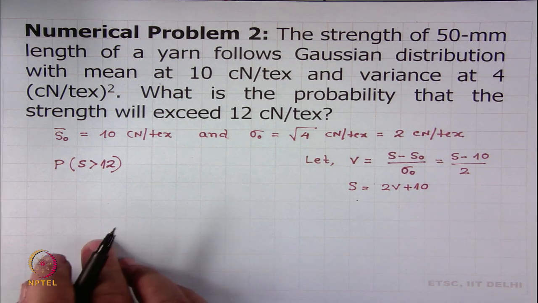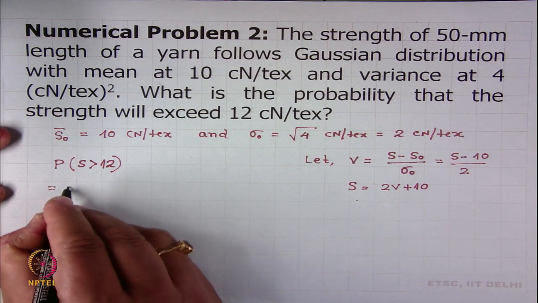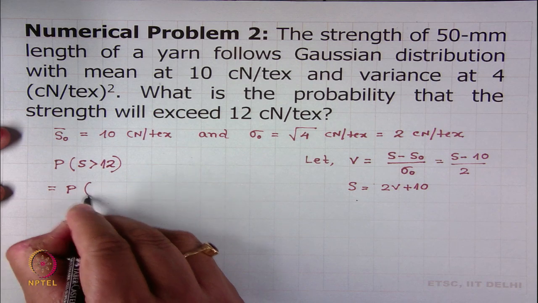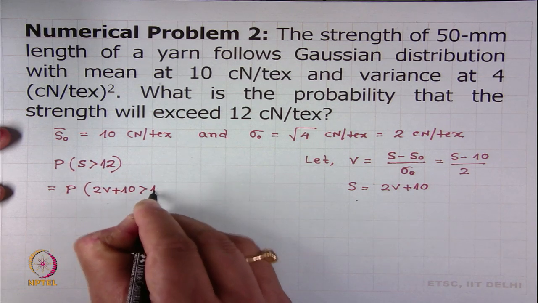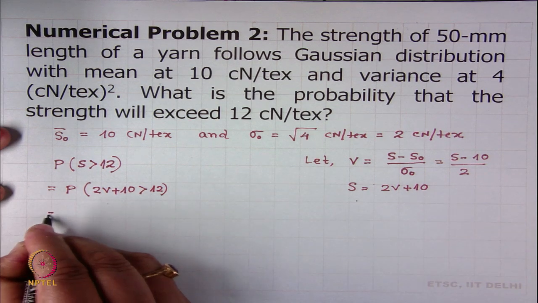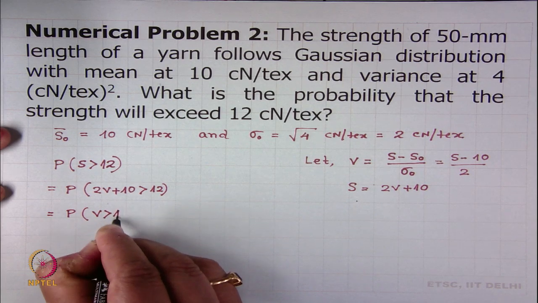V is standard normal variable. So, P of 2 times V plus 10 greater than 12, P V greater than 1.